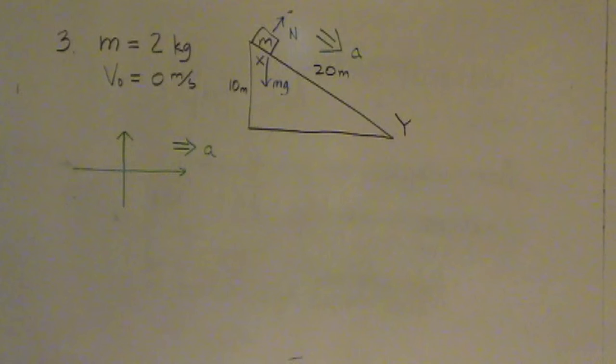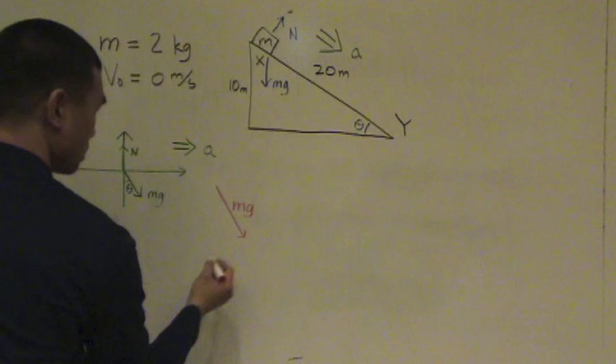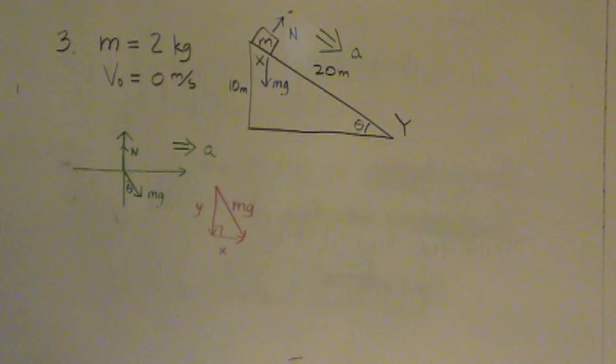The acceleration is pointing down the incline, which is pointing to the right in the force diagram. In this problem, we have the normal force pointing up and the gravitational force pointing slightly to the right of the y-axis. Now we do a bit of vector manipulation here. We're looking at the y component of mg and the x component of mg.